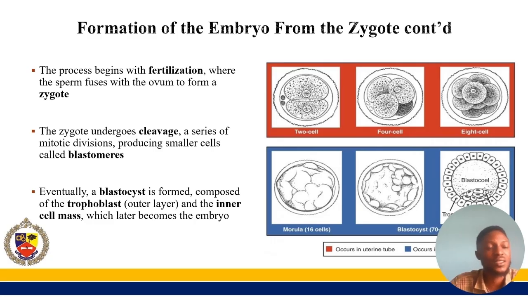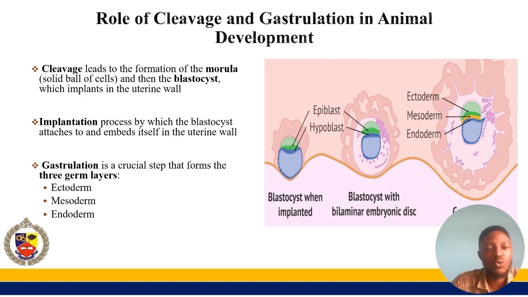After the sperm and the ovum fuse, they produce what we call the zygote. The zygote undergoes cleavage, which is a series of mitotic divisions producing smaller cells we call blastomeres. Eventually, a blastocyst is formed, which is composed of the trophoblast, the outer layer, and the inner cell mass.